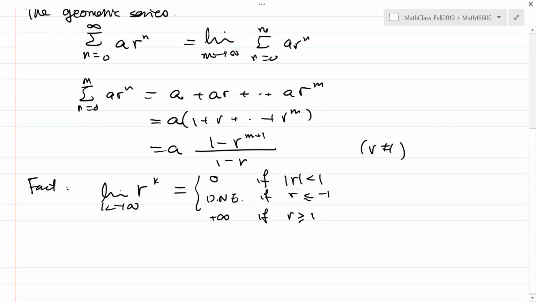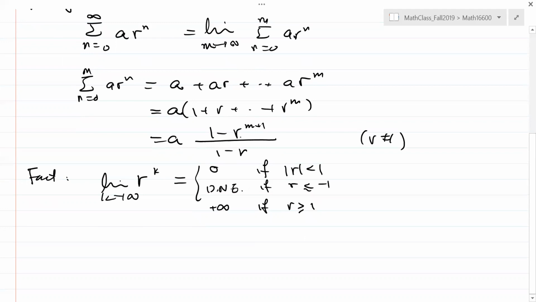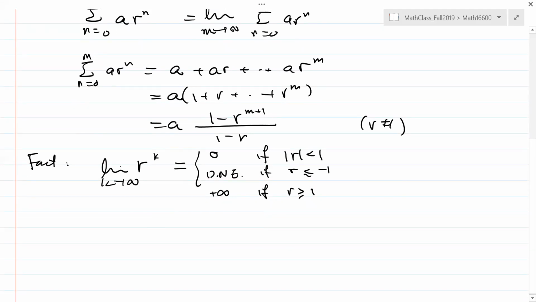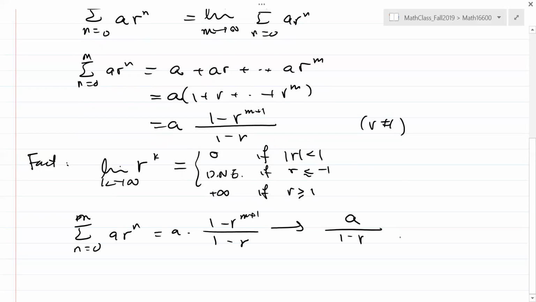Using that fact, you can see the numerator has a limit of 1 if the absolute value of r is less than 1. So then we conclude that this approaches a over 1 minus r if the absolute value of r is less than 1.